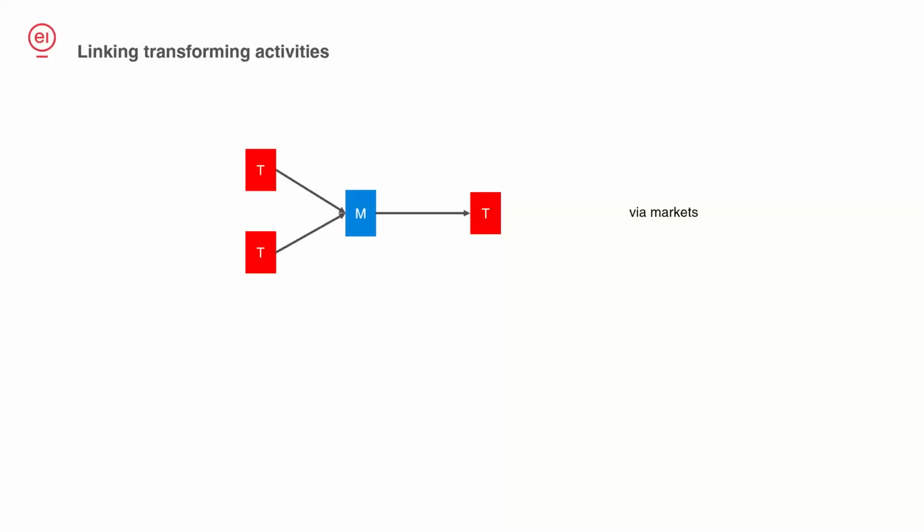So let's see these rules that are important for creating the system models. First of all, we have the linking of the activities between each other, because the smallest elements, the activities, need to be linked in order to create the supply chains. The activities are linked either through markets, or the transforming activities are linked directly with direct activity links.